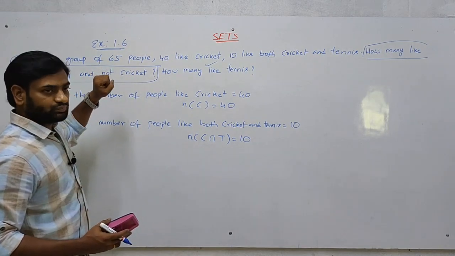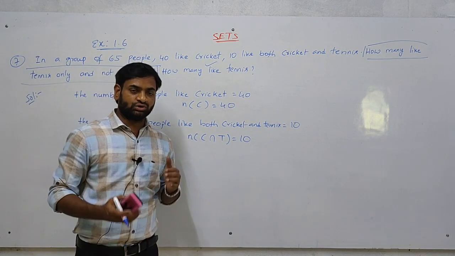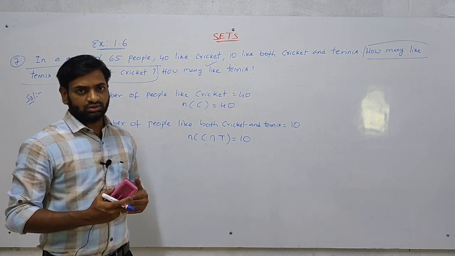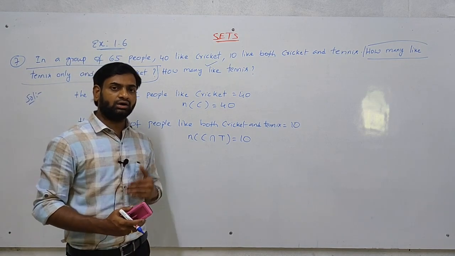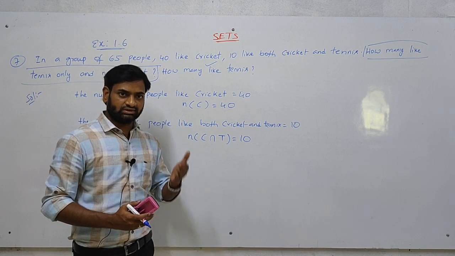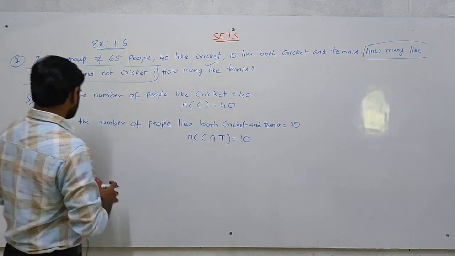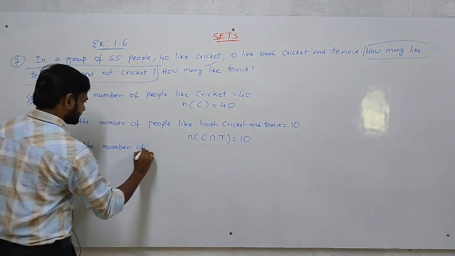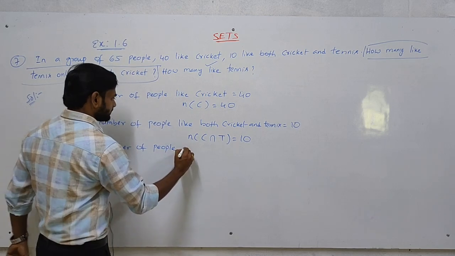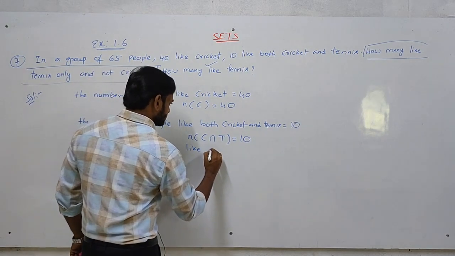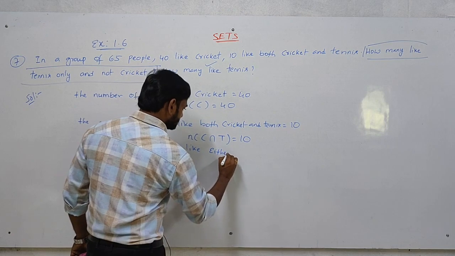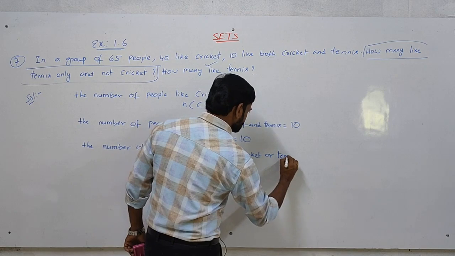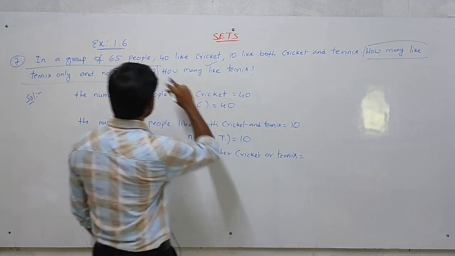Next, see here. In the group, 65 persons are there. So of the 65, all the people like either cricket or tennis. So the number of people who like either cricket or tennis is how many? 65.